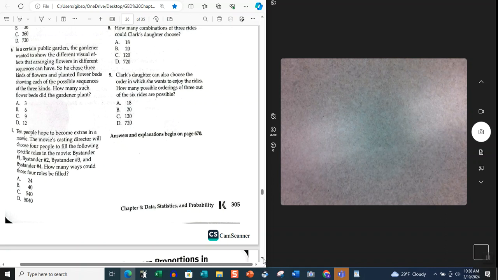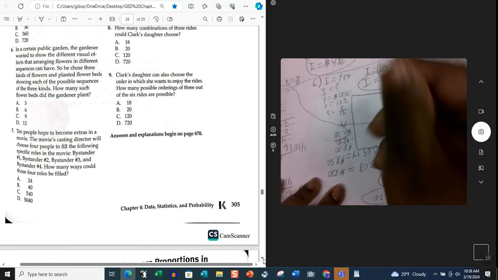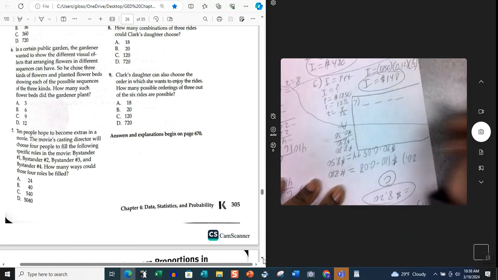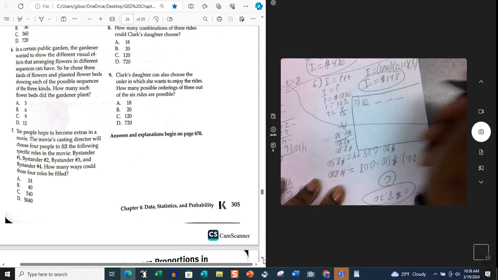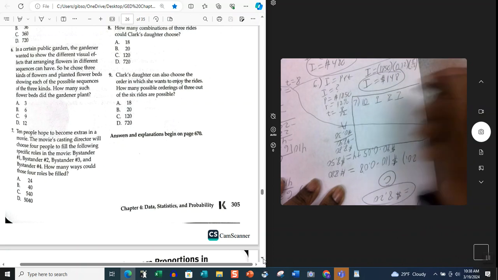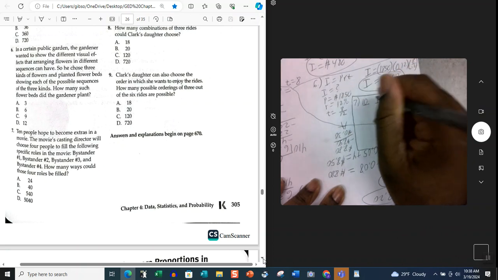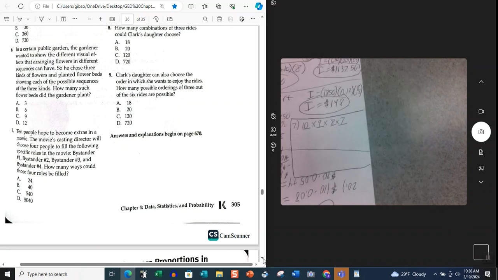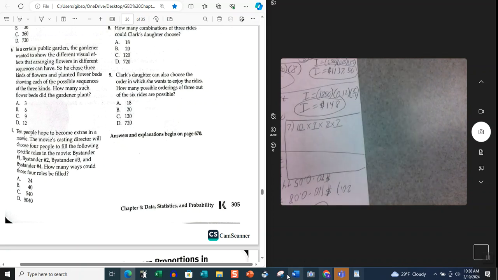Okay, so let's look at it. So it's 10 people, and there's only 4 roles. So the first would be 10, the second would be 9, the third would be 8, and the fourth would be 7. So we'll multiply all of those values. So we got 10 times 9 times 8 times 7.